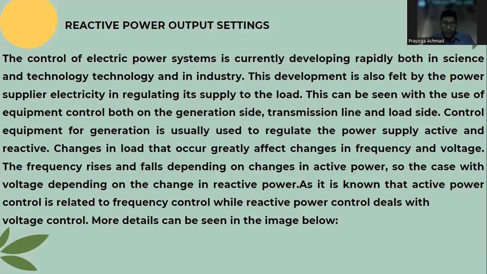Control equipment for generation is usually used to regulate the active and reactive power supply. Changes in load greatly affect changes in frequency and voltage. The frequency rises and falls depending on the change in active power.